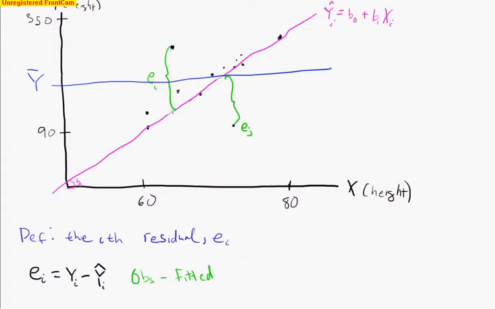So let's say this person has this distance from the mean weight, that is. And we also want to express the distance between how far our regression equation is from the mean weight. So let's say at this observation here, this observation.